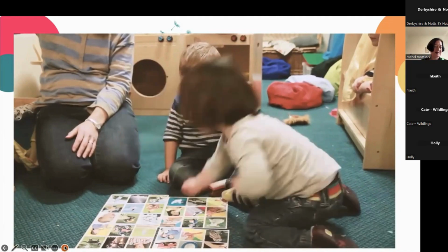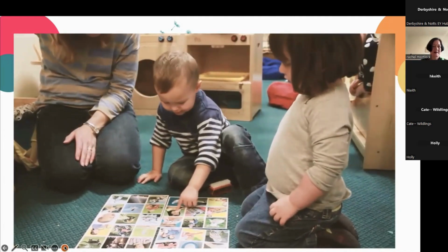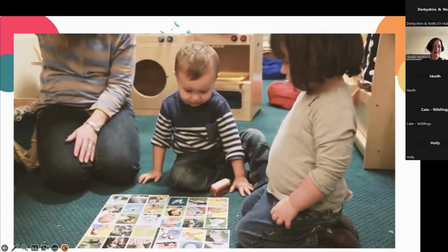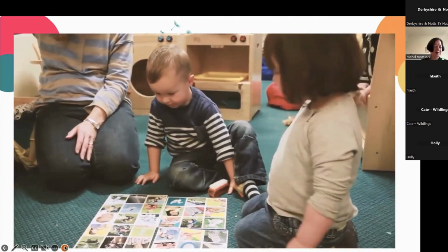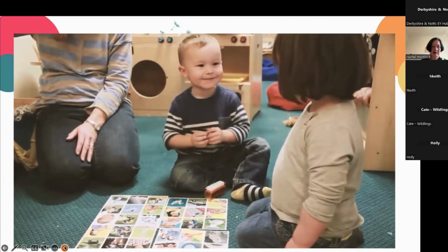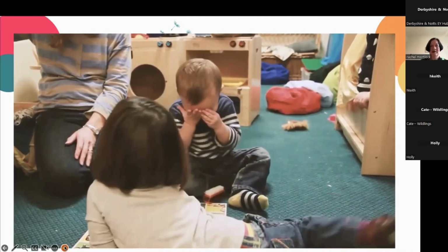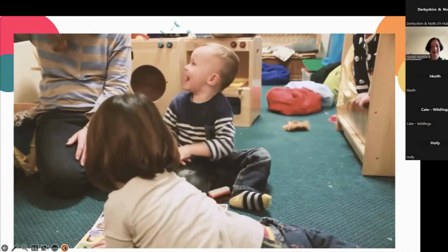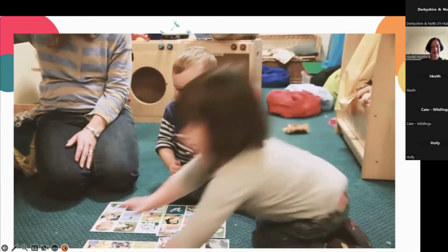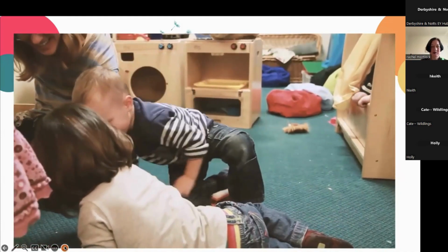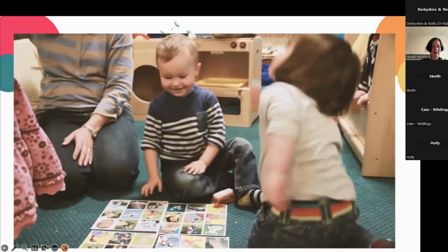Well done. It's a quacking duck. Pardon? Is she crying? Oh, she doesn't look very happy, does she? What's next? It's a cat. That's right. Where's the cat? There's the cat. It's a lovely black and white cat, isn't it?